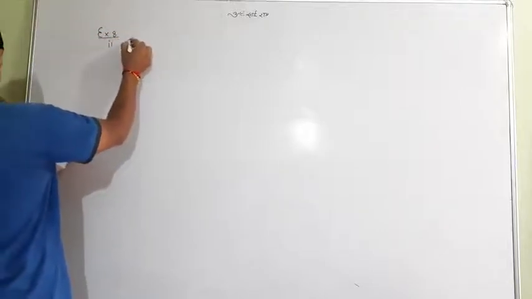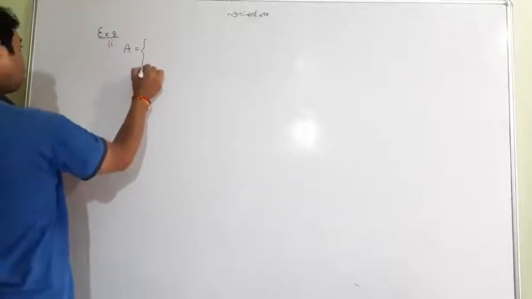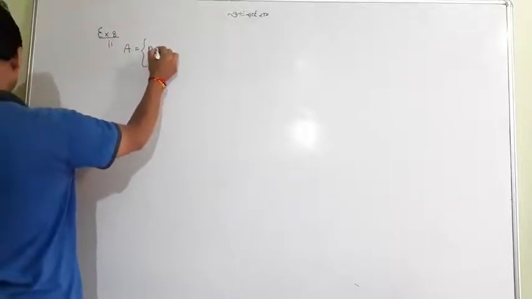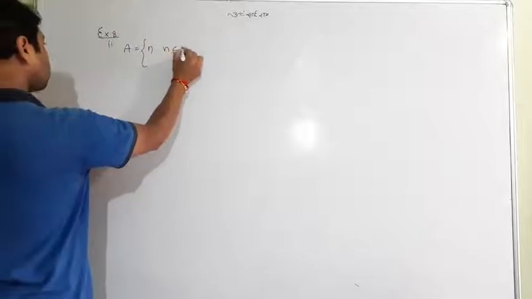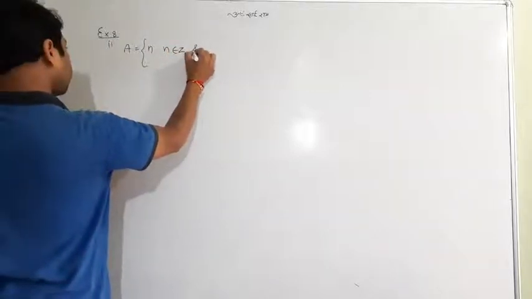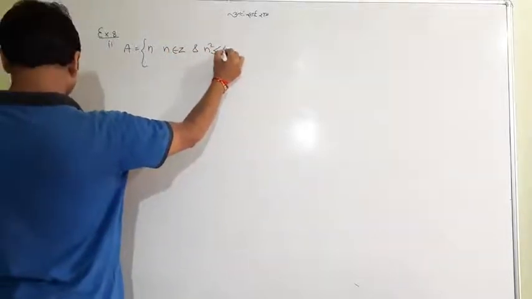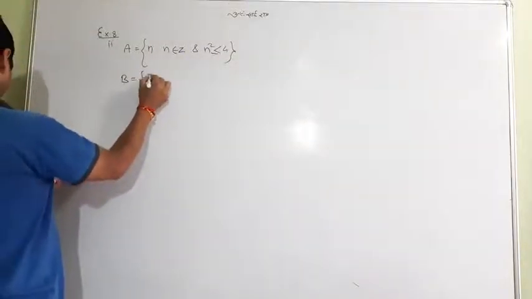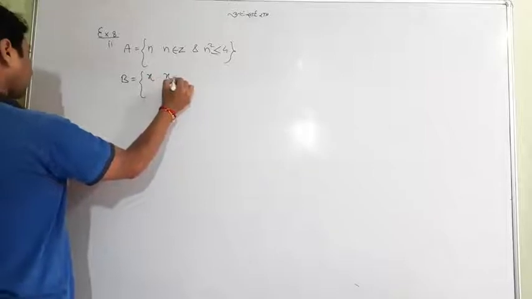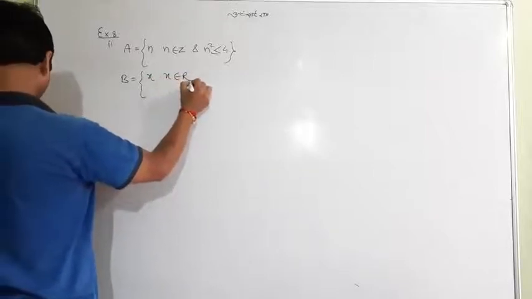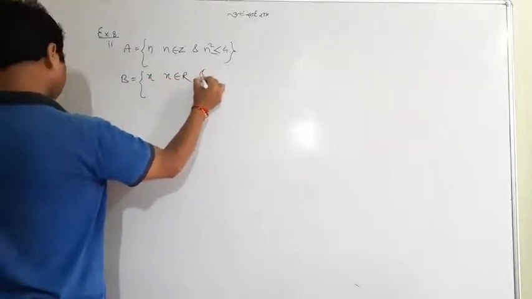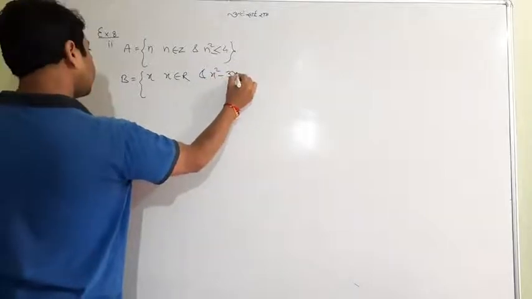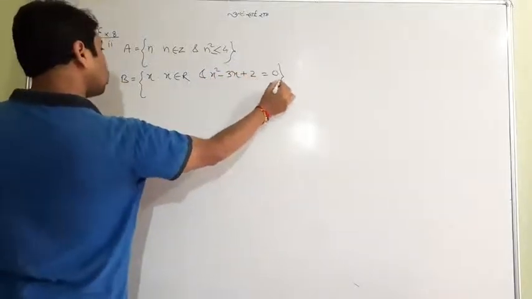Second question: A is equal to {n, where n belongs to Z, and n square is less than or equal to 4}, and B is equal to {x, such that x belongs to the real numbers R, and x square minus 3x plus 2 is equal to 0}.